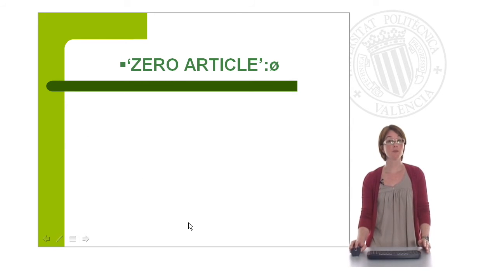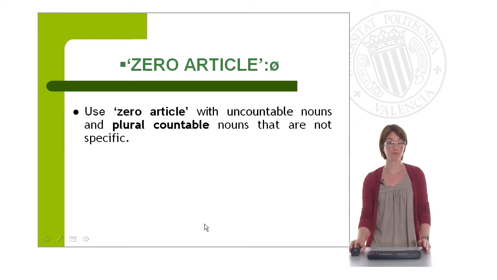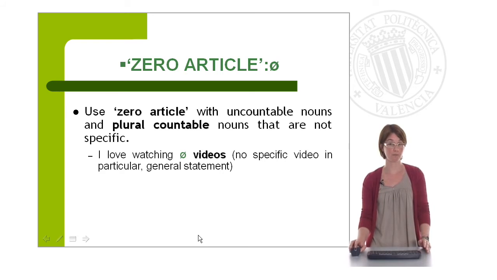Right, and now let's move on to the zero article. Right, we use zero article with uncountable nouns and plural countable nouns that are not specific. Imagine that I say, I love watching videos. In this case, I'm talking about no specific video in particular, so this is a general statement.